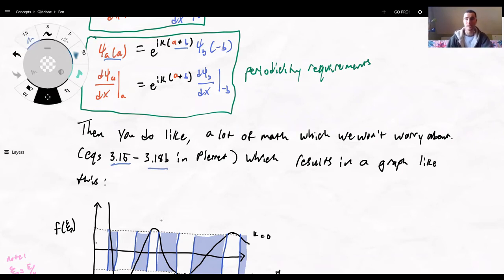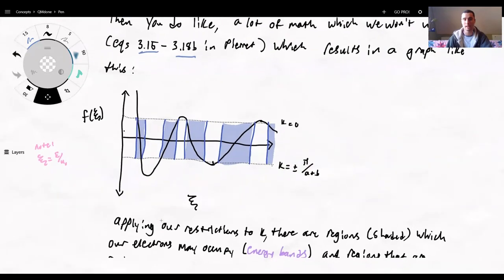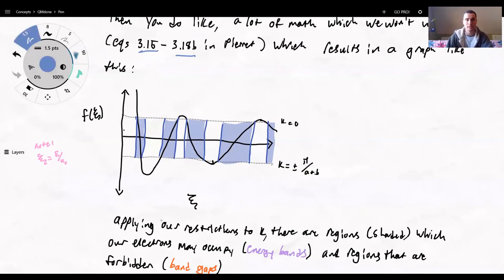When you solve it, you get a graph like this. You get this new, I forget, it's like an eta or a zeta or something. I'm terrible at drawing them. But that little squiggle there is actually just energy. It's like a normalized energy. This is what it is equal to. The zeta is equal to the energy divided by the maximum potential energy.